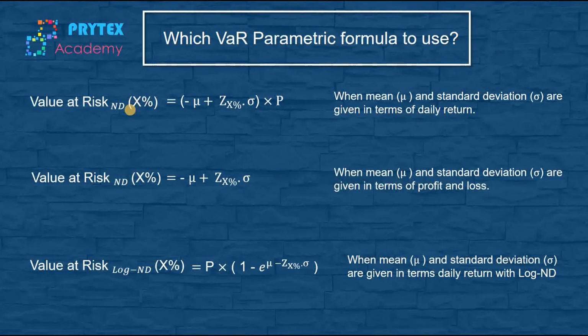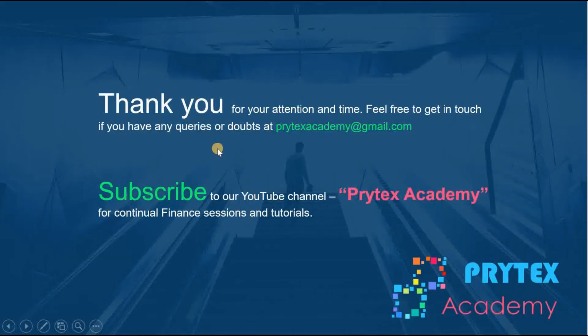We have also learned how to use the cumulative z table to get the z values for different significance levels. I hope you learned something new today.